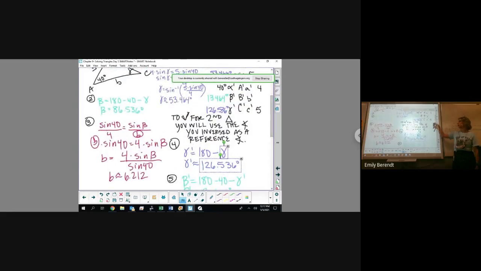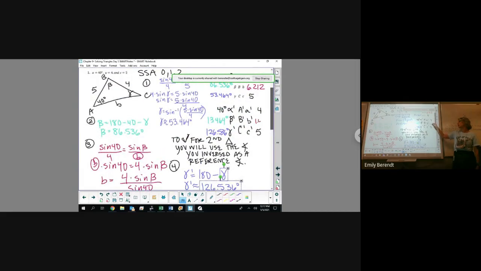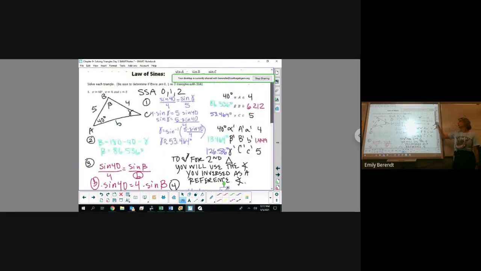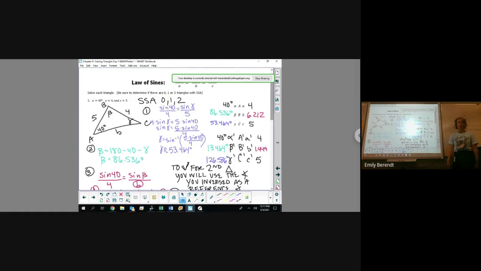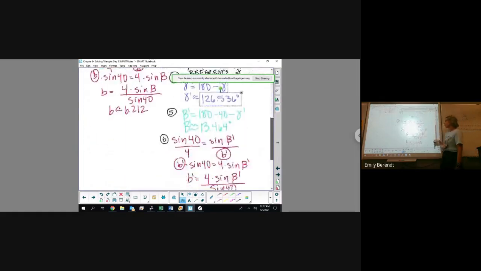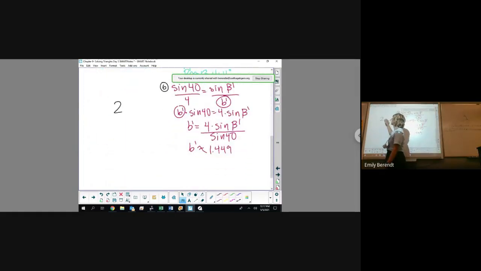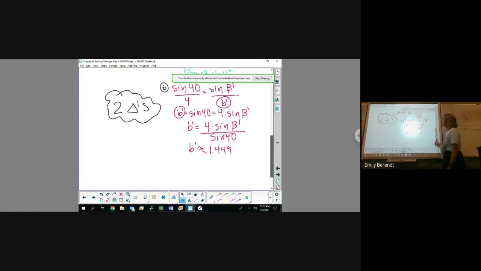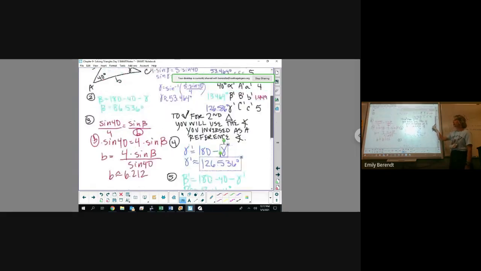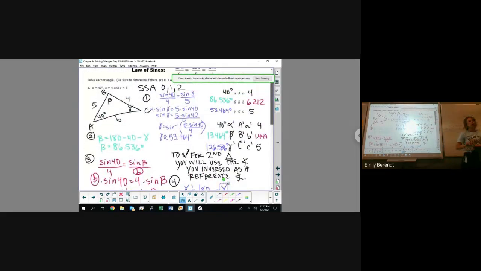So if you are able to complete a second chart, then that means you had how many triangles? 2 triangles. Whew. The only type of triangle that can even make 2 triangles is ASS.